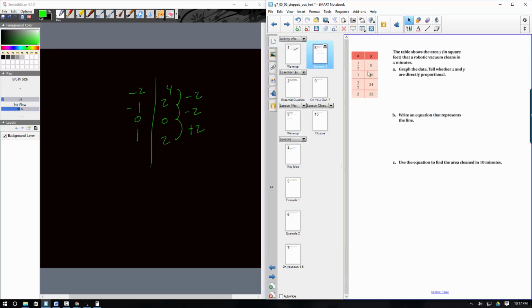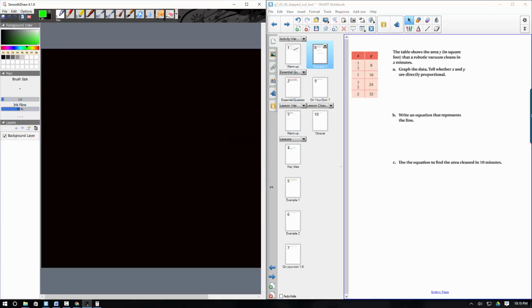So let's look at this data and see if it's proportional. So this is going by halves every time, right? So 1/2, and it goes, let me just write this down. So I'm going to have 1/2, 1, 3/2, 2, and then the other side, I want to have, of course, 0. And then I'll have 8, 16, 24, 32. It appears that these are all going up by 8. So if I want to go to 0, I have to go down by 8, right?